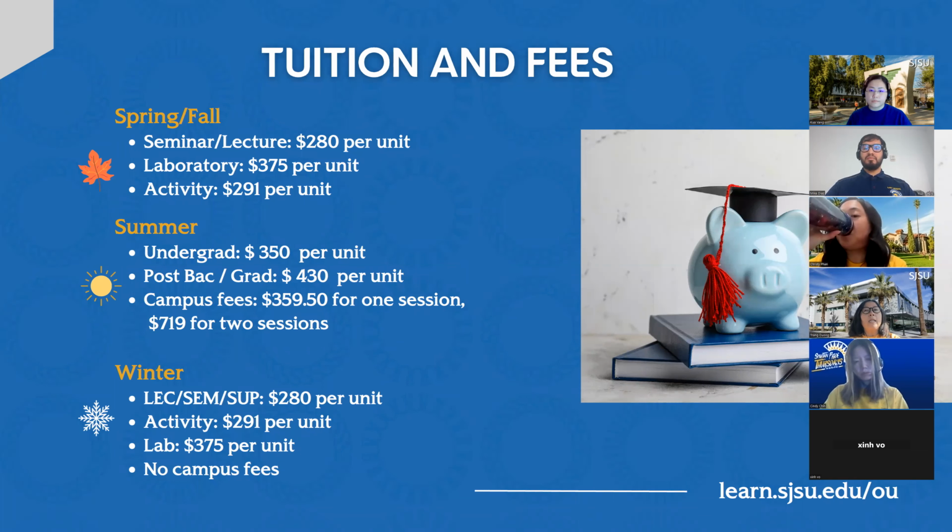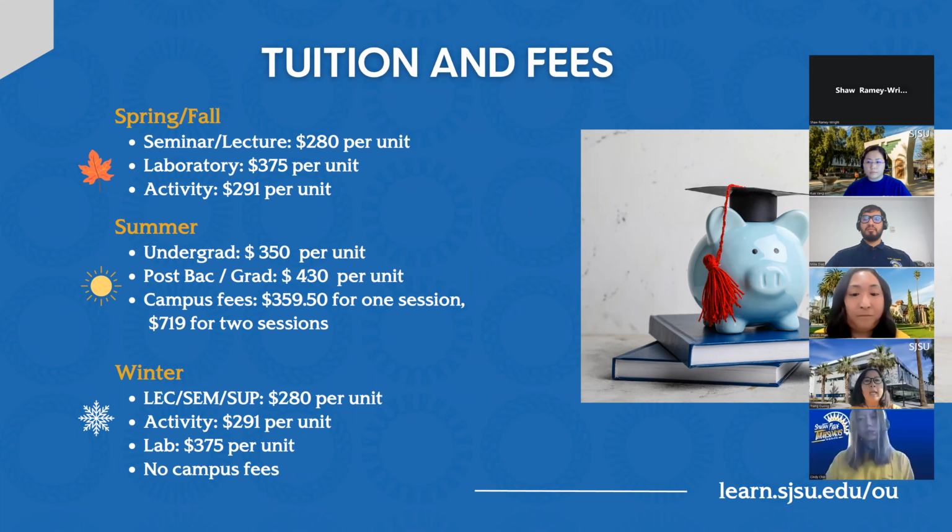It's by the type of the course, whether it's activity, lab, lecture, or seminar, and each is charged at a different rate. In the summer, the charge is different for the level of student. For example, if you already have a BA or BS degree, you're going to be charged as a postbac or grad student. So whether you take the class at the undergrad level or graduate level, that charge is going to be $430 for seminar or lecture.